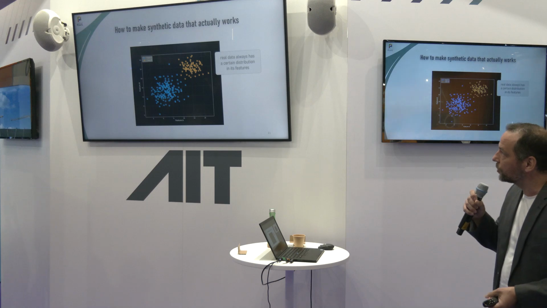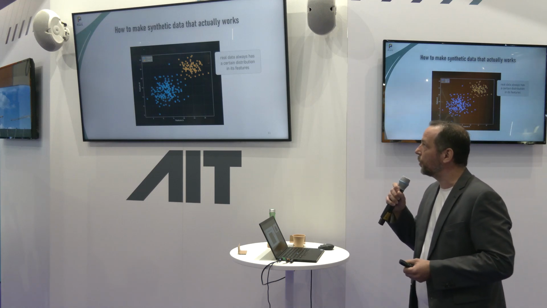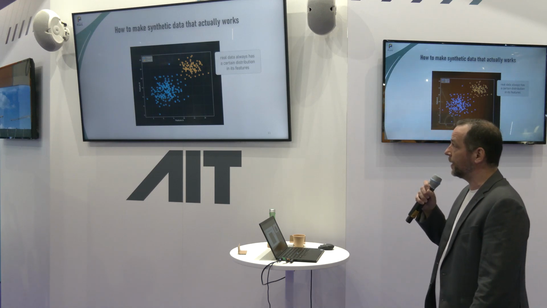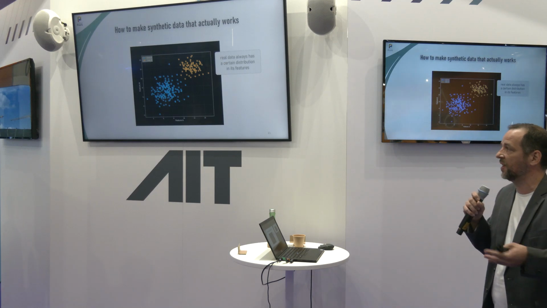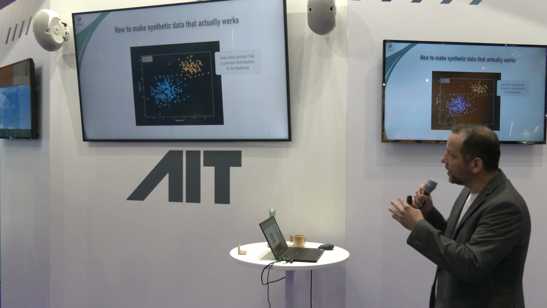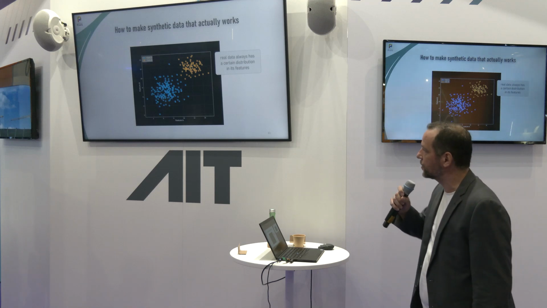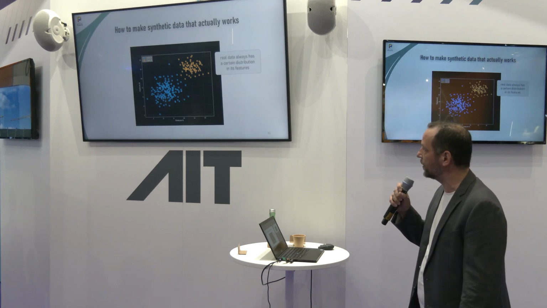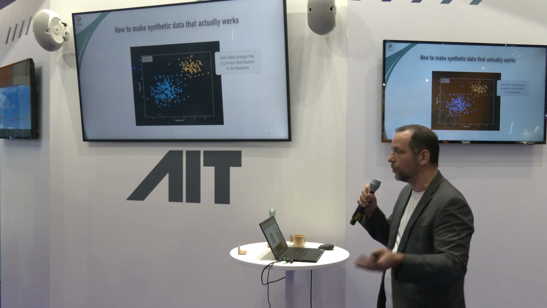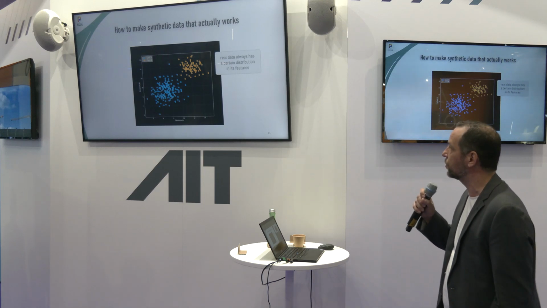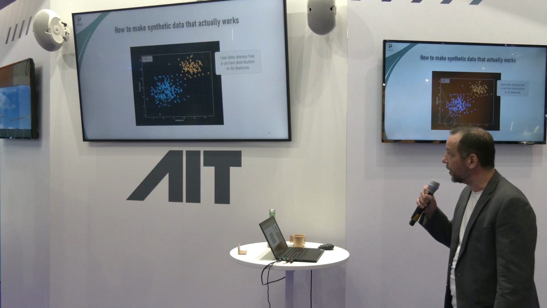But first I want to quickly talk about how we can make synthetic data that actually works. For that I prepared a couple of slides to explain an idea. Here we see a very simplified data set, 2 dimensions, 2 features. It's already annotated. Let's say blue is not okay, yellow is okay, or the other way around, doesn't matter.